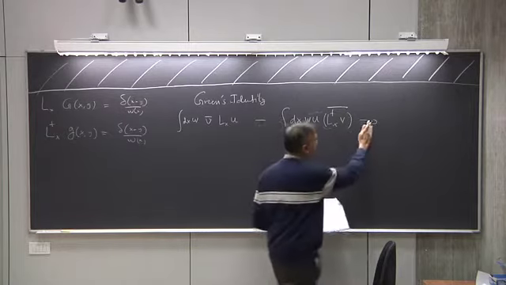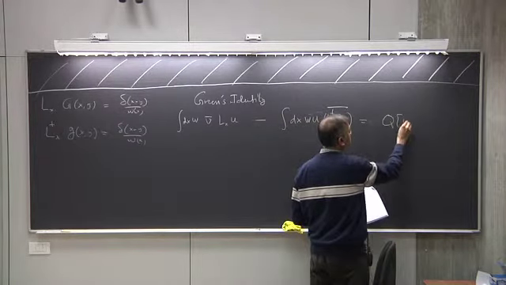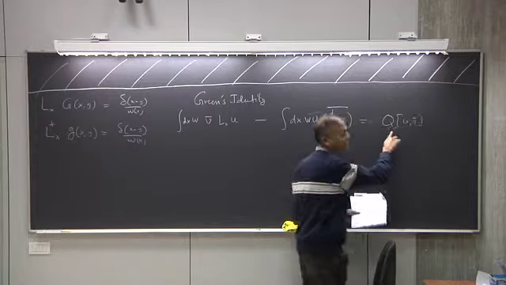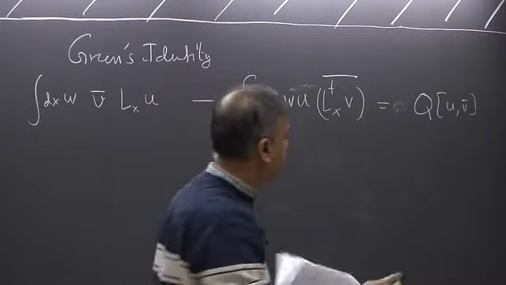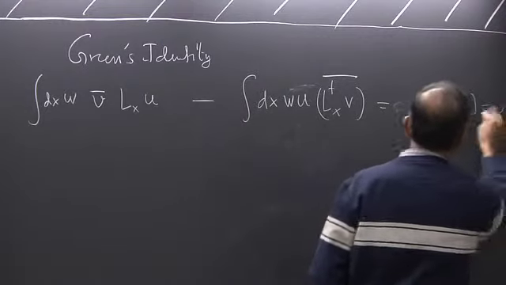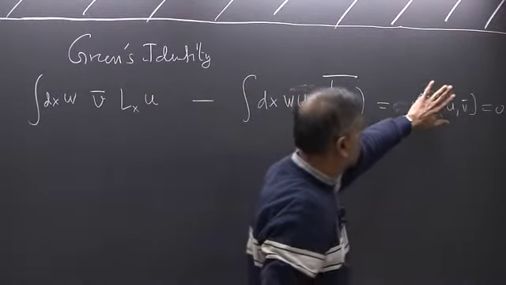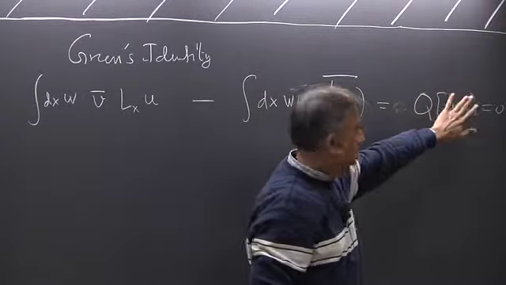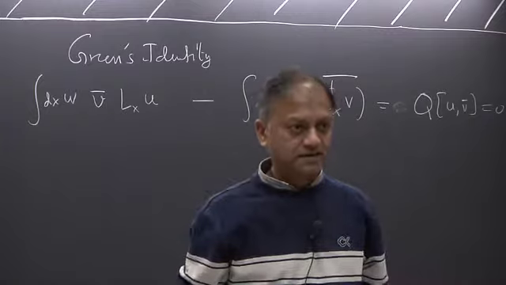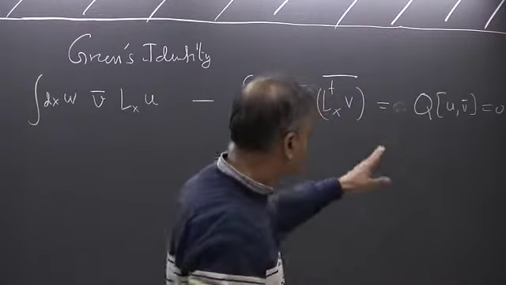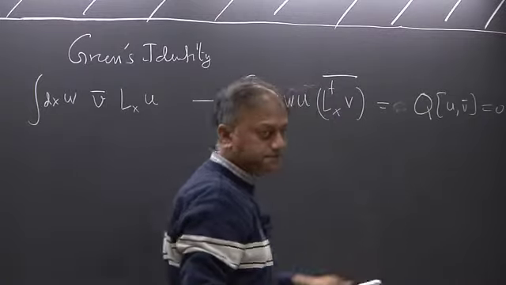More generally, there are boundary terms, q of u, v bar. But by choosing the appropriate boundary conditions for u and v, we set that equal to 0, right? If you don't set that equal to 0, that is called the generalized Green's identity. When you have set it equal to 0, that is the Green's identity.